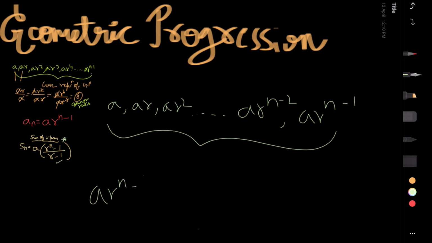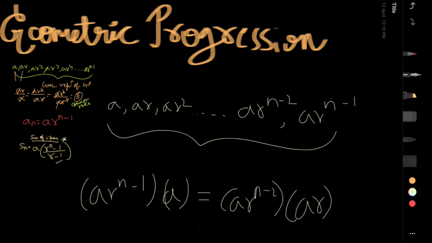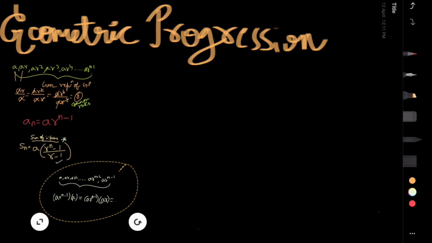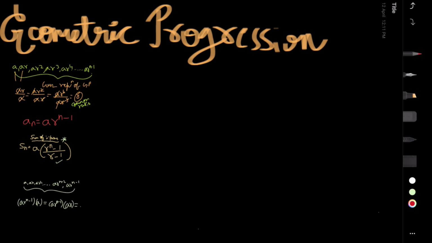AR to the power of n minus 1 into A is the last term times the first term, and AR to the power of n minus 2 into AR is the last second term times the second term. This continues, last third term with the first third term. It is also followed in AP. I have not explained that yet; I'll explain it here. That's also important. If I have an AP, this is the AP concept.